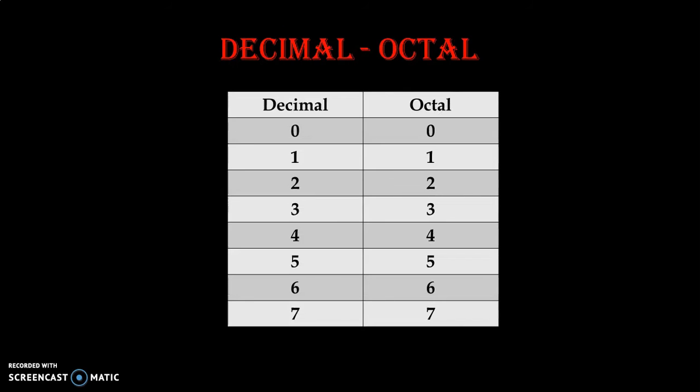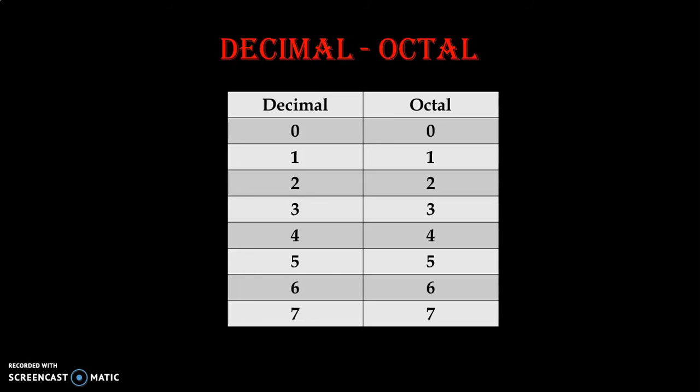Now decimal and octal comparison. We know that in decimal we have a total of 10 digits, 0 to 9. In octal we have only 8 digits, 0 to 7.